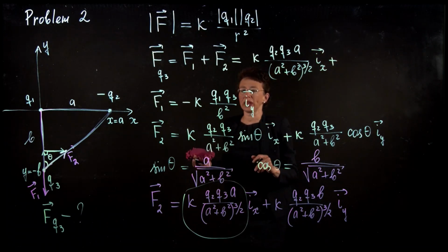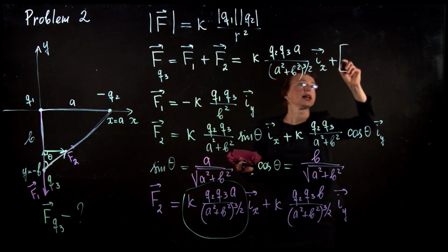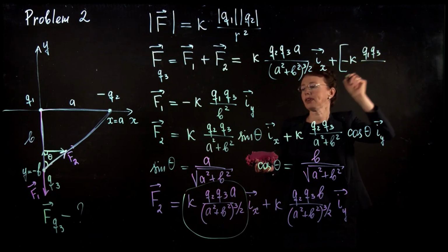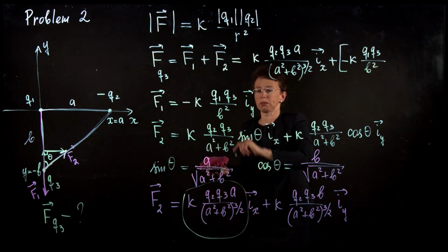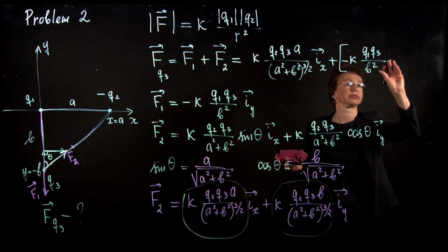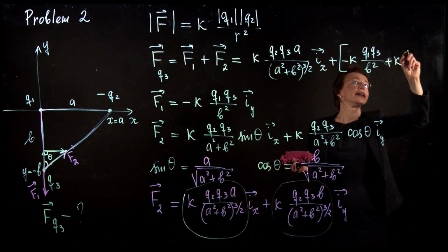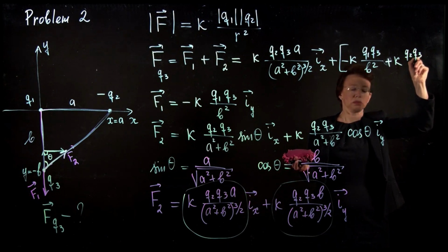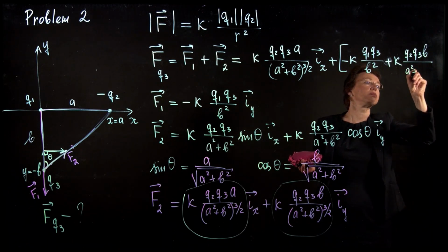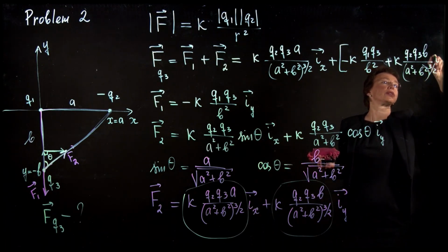Plus, now we add y components. The y component of F1 is negative, minus k q1, q3, divided by the distance b squared, b squared, and the y component of F2 is k, q2, q3, b, divided by a squared plus b squared to the 3/2, and we don't forget iy.